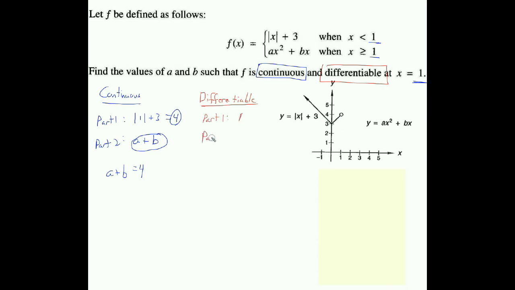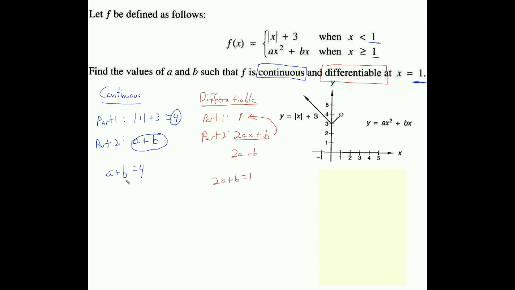For the second part, we have to take the derivative, which is 2ax plus b. Now we plug 1 in here because we want it to be differentiable at 1. So this would be 2a, putting 1 in for x, plus b. And 2a plus b has to be equal to 1. This one must equal this one, just like this one had to equal here.